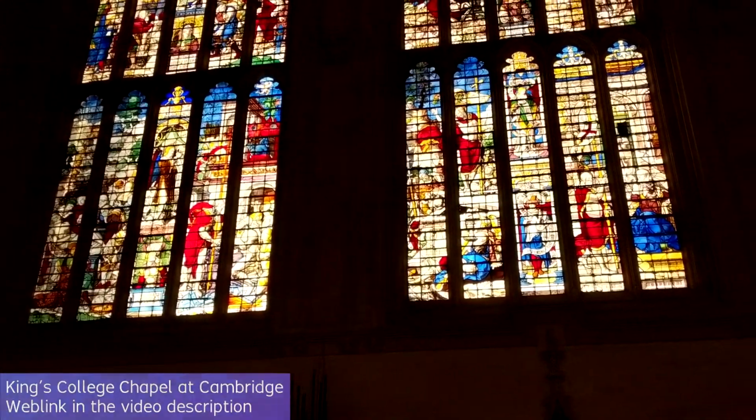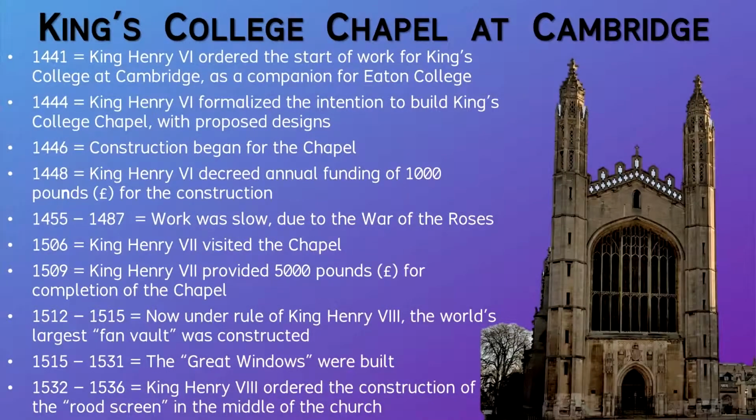The history of the chapel's construction extended over several decades, transitions between different kings of England, and a veritable revolution against the religion that started this chapel in the first place.